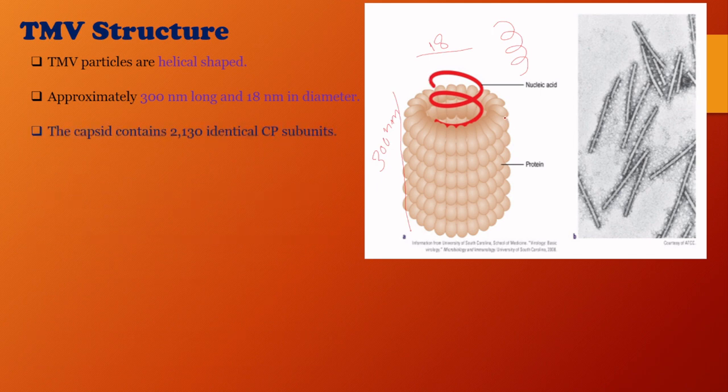Its capsid, the outer covering, contains 2130 identical CP subunits. Here we can see these identical protein subunits, and if we count them, the number is 2130. These are the coat protein subunits, or CP subunits.